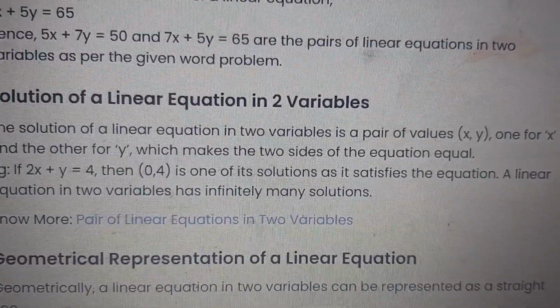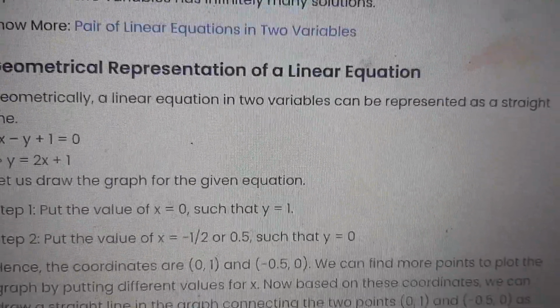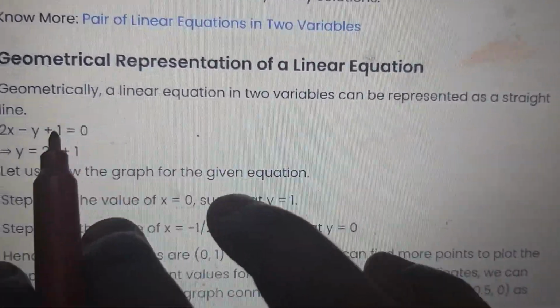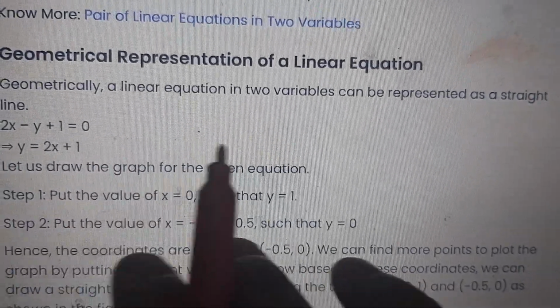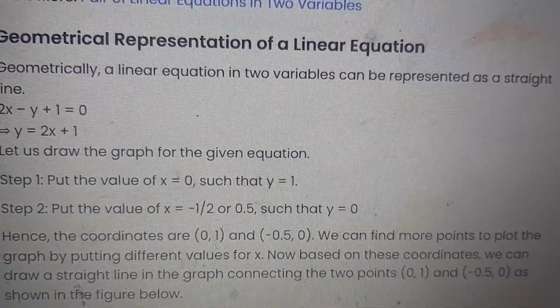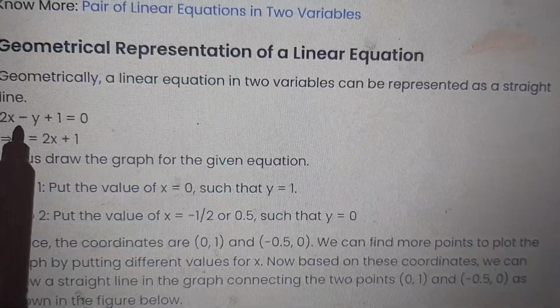So we have the geometrical representation of a linear equation. So geometrically how will we represent it? We have 2x minus y plus 1 equal to 0 as one equation and another equation. Let us draw a graph for these equations. Put the value of x equal to 0 first, then what will we get in the first equation?